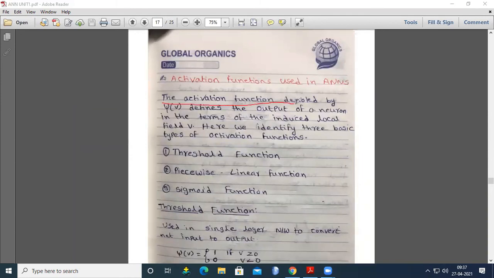The activation function, denoted by psi of v, defines the output of a neuron in terms of the induced local field v. Here we identify the three basic types of activation functions: the threshold function, the piecewise linear function, and the sigmoid function.